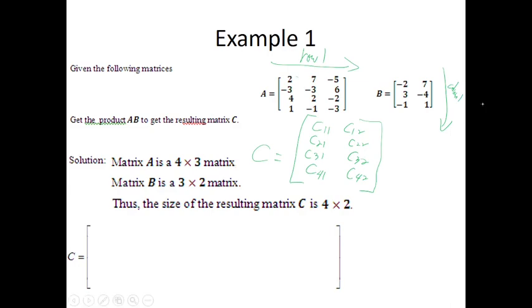Ibig sabihin, yung corresponding element. So 2 times negative 2, plus 7 times 3, plus negative 5 times negative 1.